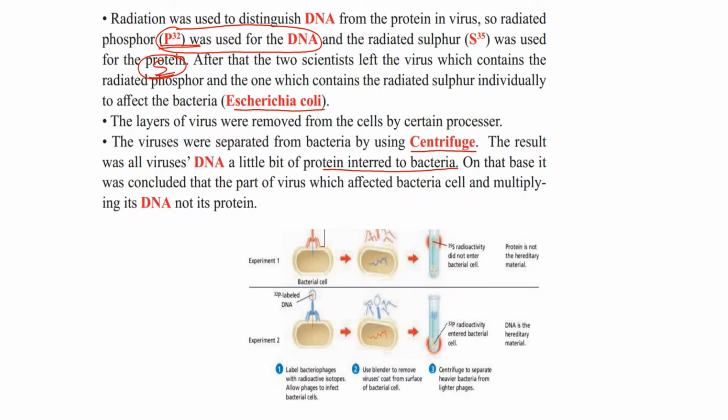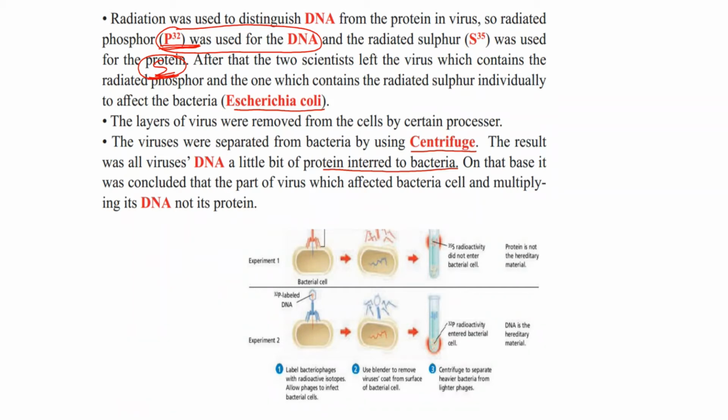On that basis, it was concluded that the part of the virus which affects the bacterial cell's multiplying is the DNA, but not proteins. So, phosphorus radioactive, sulfur radioactive. You know, a virus has genetic material and a protein coat.